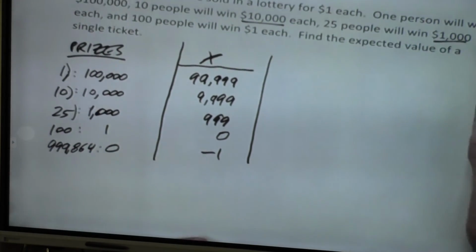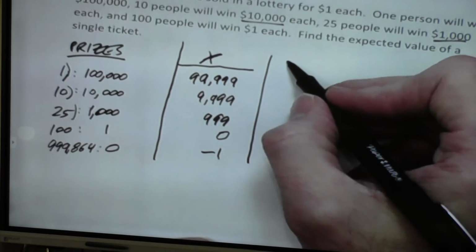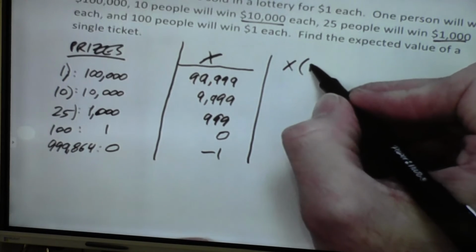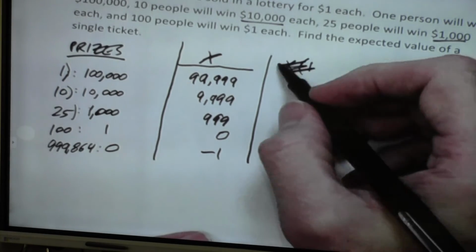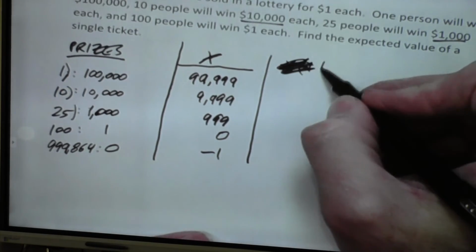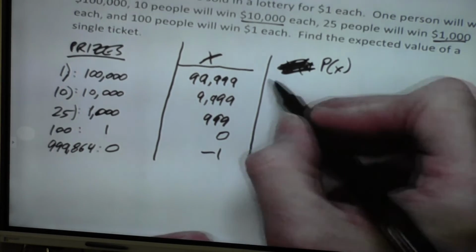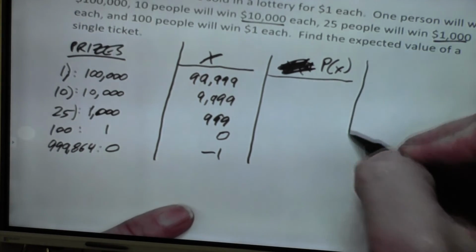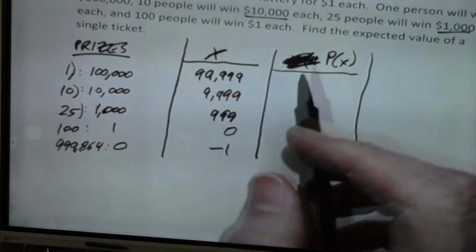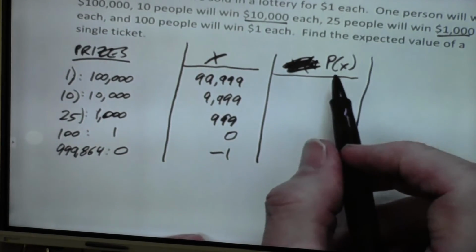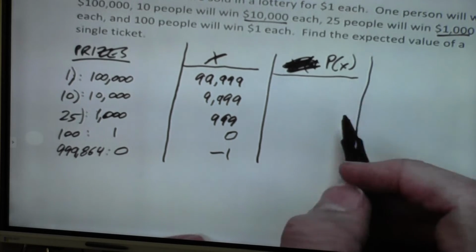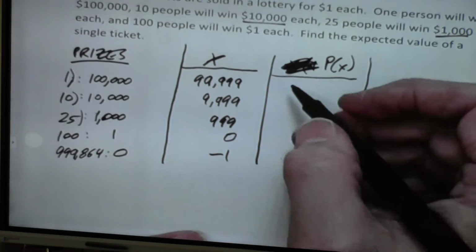Okay, now, the way they write this is P of X. As a function, the amount of the prizes, I should say, I'm not sure how to say it. Let me show you what the number is going to be.